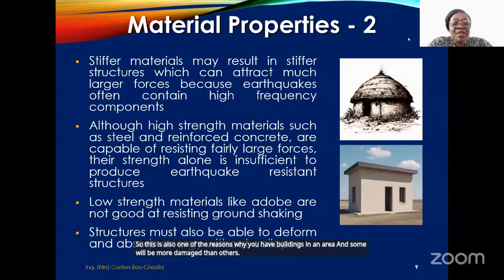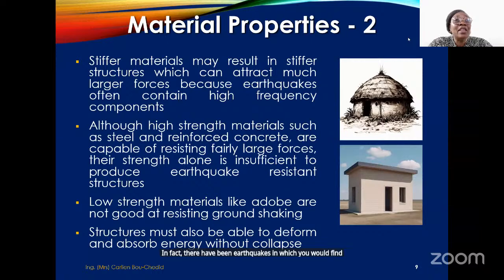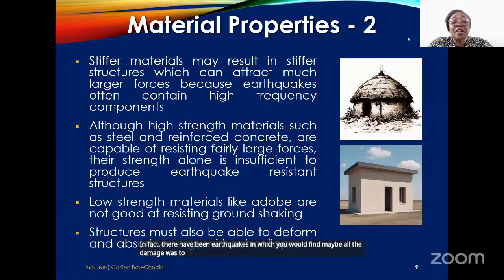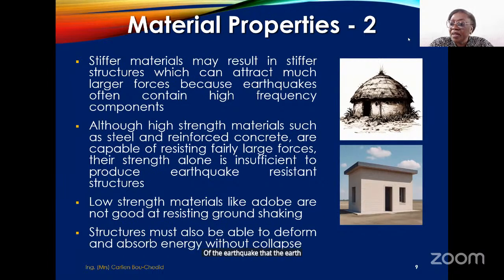In fact, there have been earthquakes in which all the damage was to the shorter, stiffer structures, and the medium heights and taller buildings went away fairly undamaged. And that was because of the frequency content of the earthquake that the buildings experienced.